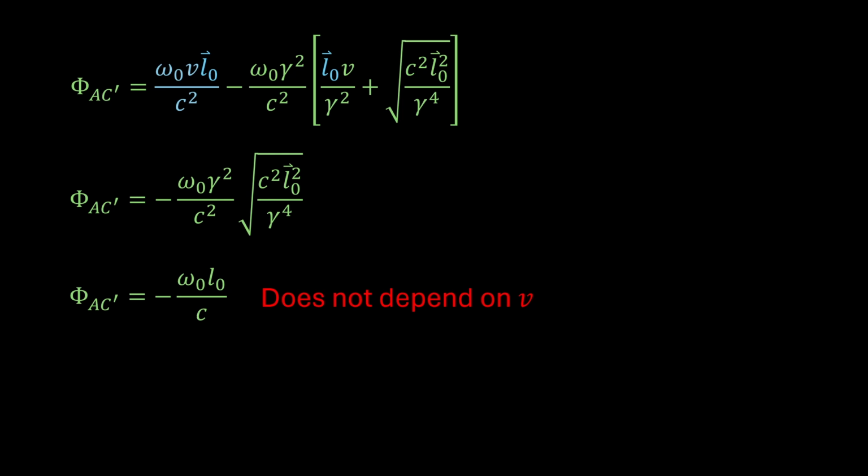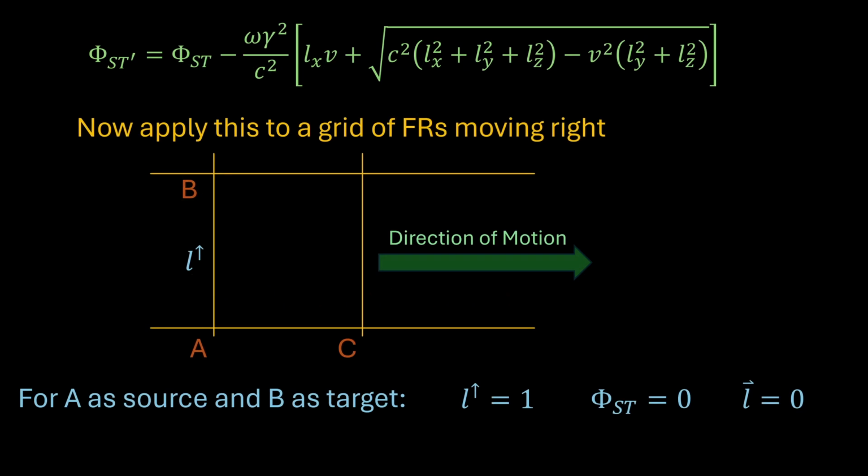But now we look at the phase of FRs in the orthogonal direction, when the source is A and the target is B. In this case, the separation in the direction of motion L right arrow is 0, and the separation orthogonal to this direction L up arrow is 1.